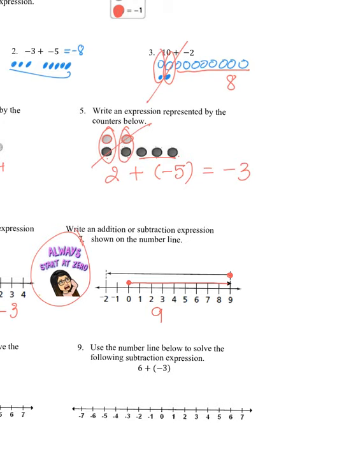Because it goes to the left, it becomes negative. 1, 2, 3, 4, 5, 6, 7, 8, 9, 10, 11. And again, if they are matching, that forms a zero pair on the number line as well. You take it away, and this is your answer, negative 2.